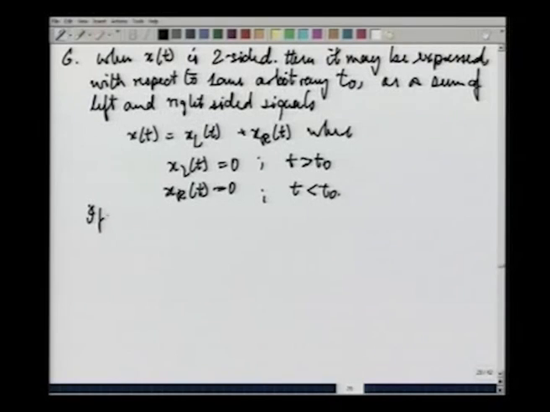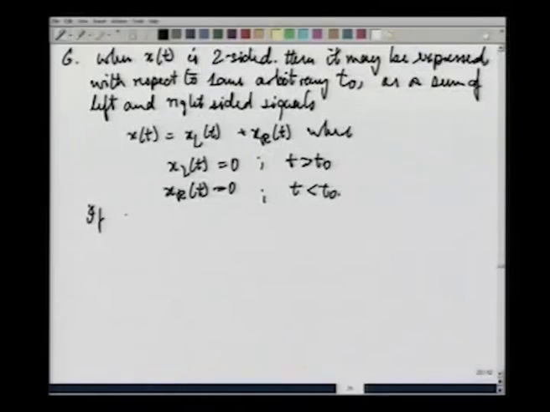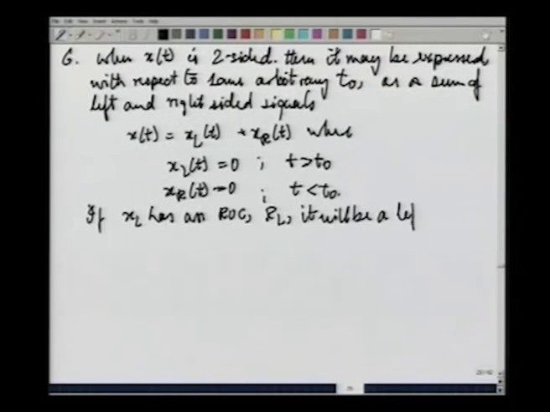We are not guaranteeing that x L and x R both have ROCs, we are only saying that if x L has an ROC R L, it will be a leftward ROC.